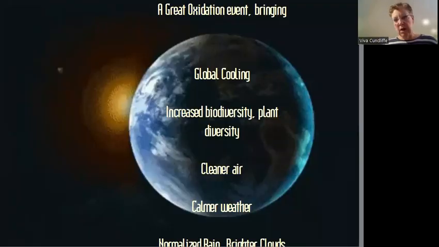So what happens at these great oxidation events before the glaciation is that there is global cooling, there is increased biodiversity, plant diversity, cleaner air, calmer weather, normalized rain, and brighter clouds.